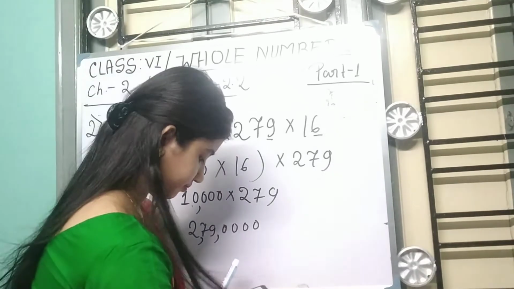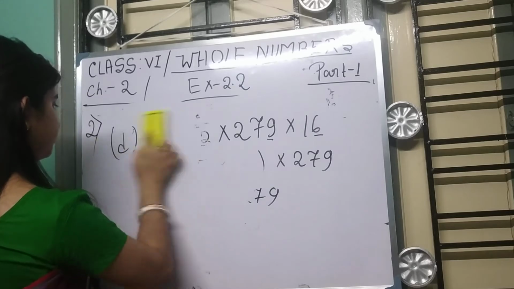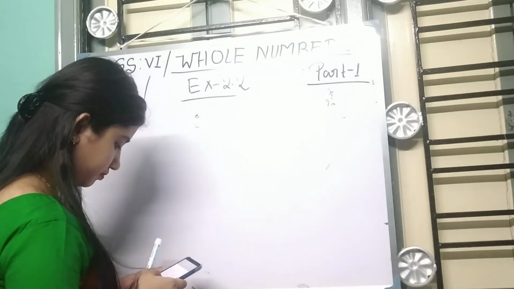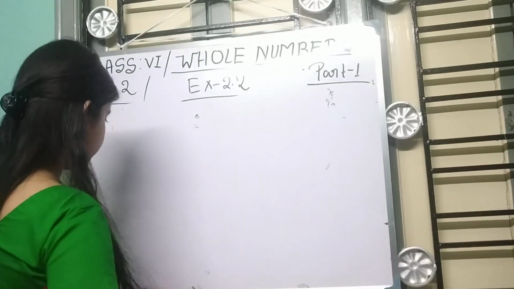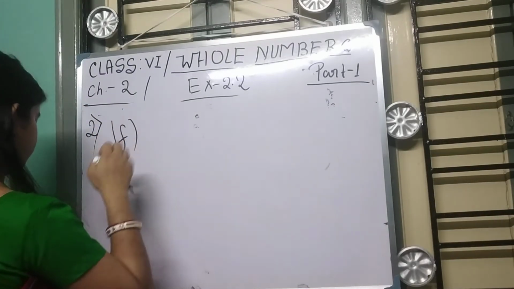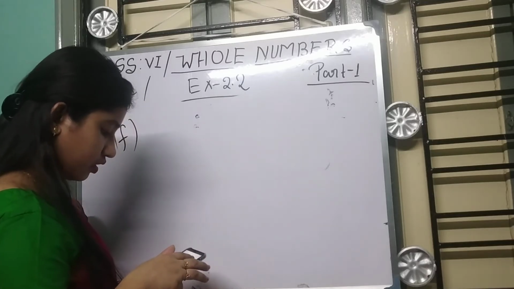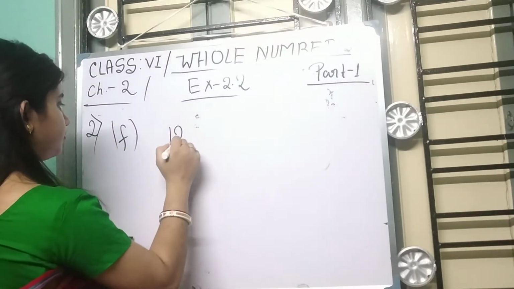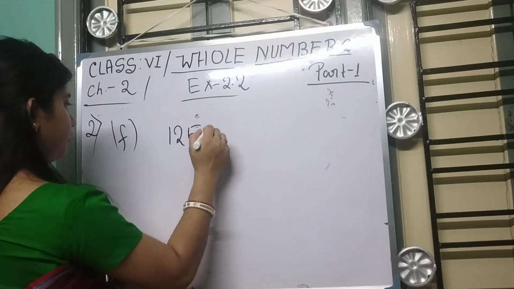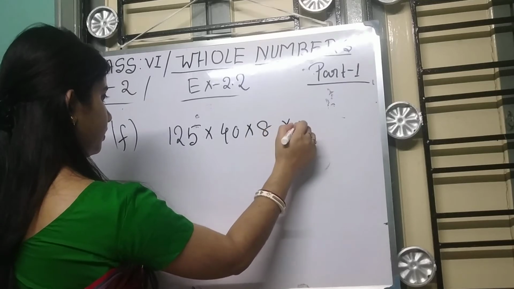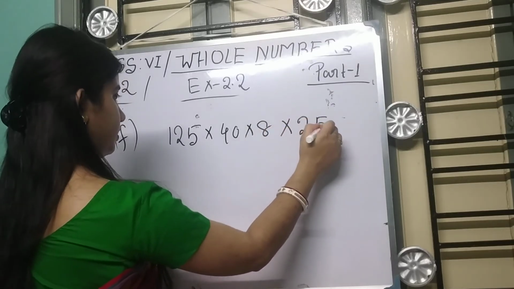Now next we try number 8. Here given 125 into 40 into 8 into 25.